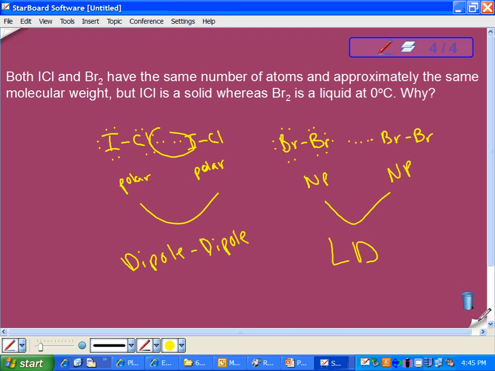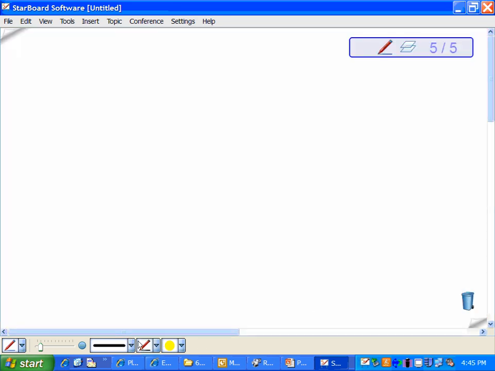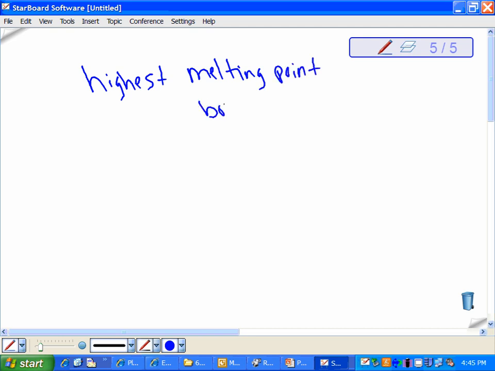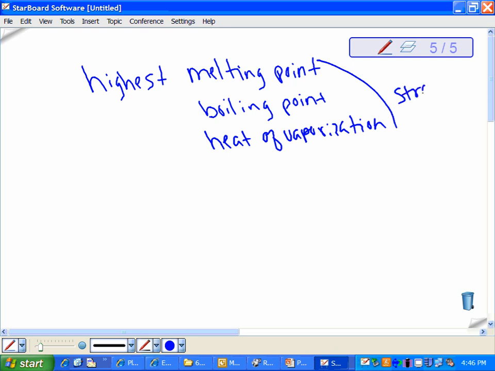So that leads us to our last thing, talking about putting things in order, and that's again what the worksheet has. If you're looking for the highest melting point, boiling point, and it says this on the worksheet, or a heat of vaporization, you're looking for the one that would be the strongest bond.